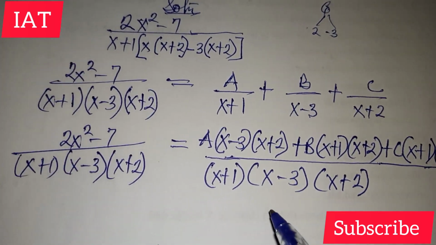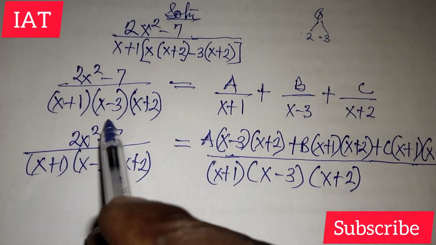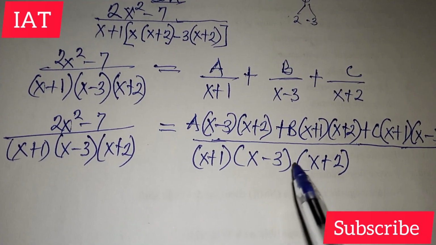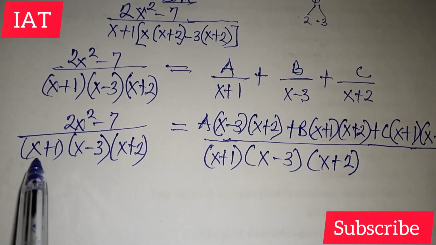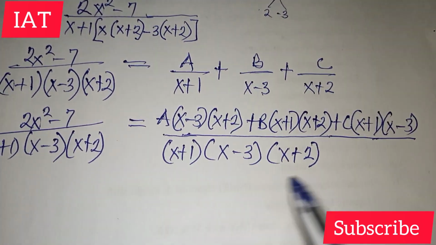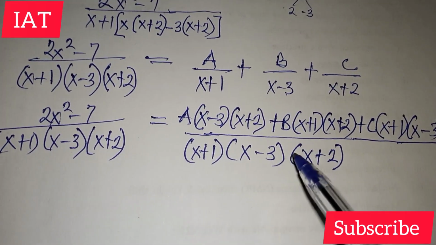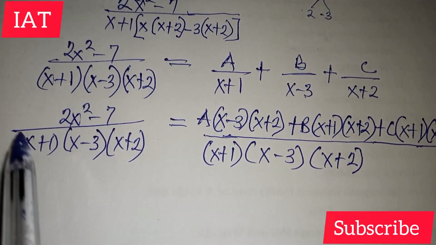At that point, if you multiply the whole of this equation by this denominator, you can see we have similar denominators. So if you multiply the whole of this by this denominator and also multiply the whole of this by this denominator, that will cancel out. This will cancel out with that, and this will also cancel out.